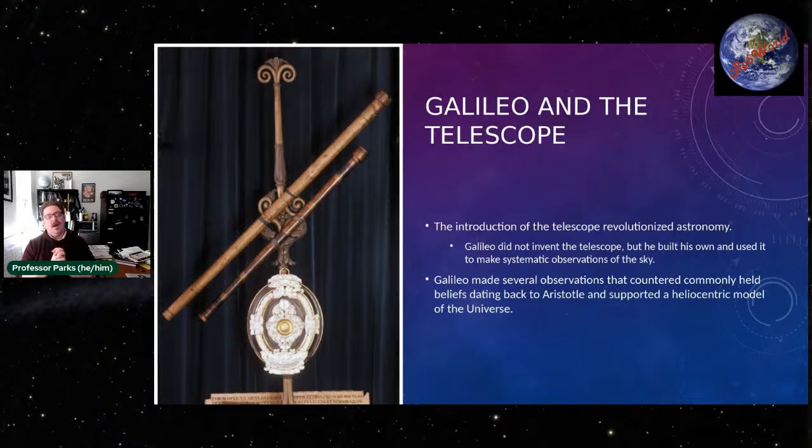So the Duke was like, "All right, well, what does it do for me? You want to look at the sky, but what does this do for me?" And Galileo told him, "Well, it magnifies things at a distance. So you can use this telescope, if you allow me to build it, to see armies approaching much sooner than you would with your naked eye." And the Duke was like, "Hey, you know what? I could use that." And so he gave the money to Galileo, and the rest is history.